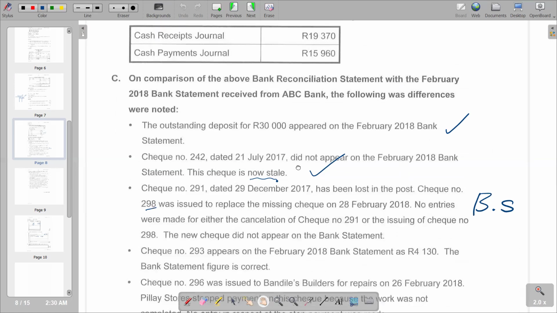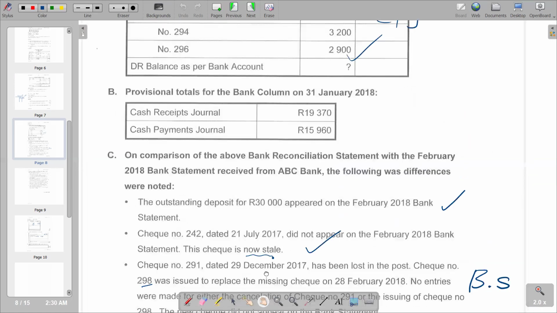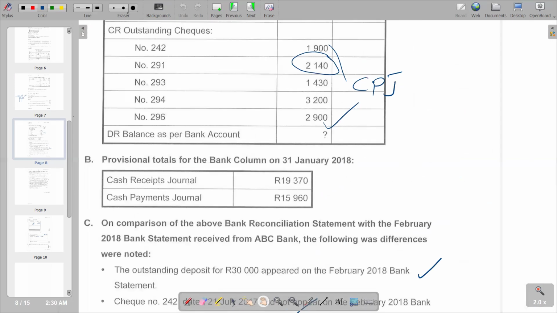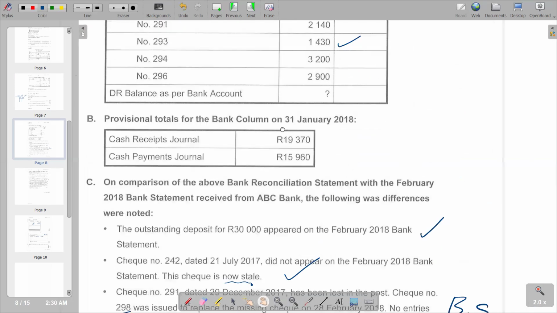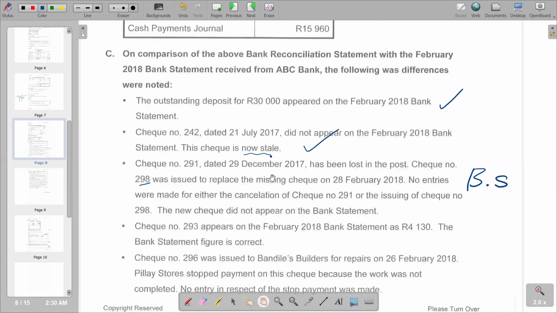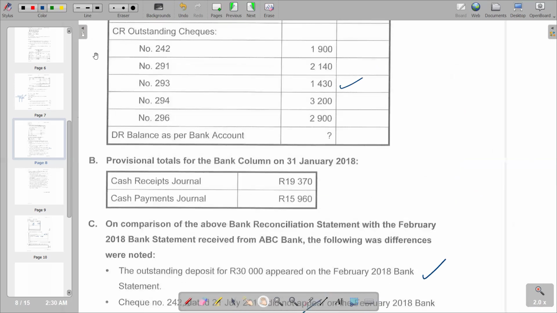So if you come here, check number 293 is this one. So we are saying 1,430 is the wrong figure, and the correct figure is 4,130. So we calculate 4,130 minus 1,430.